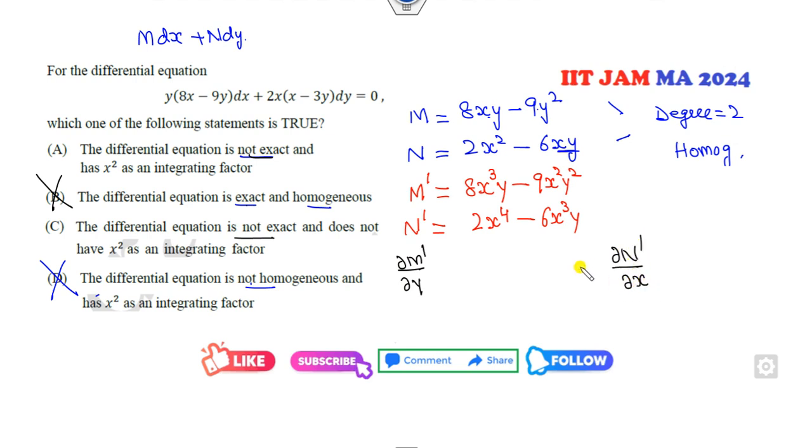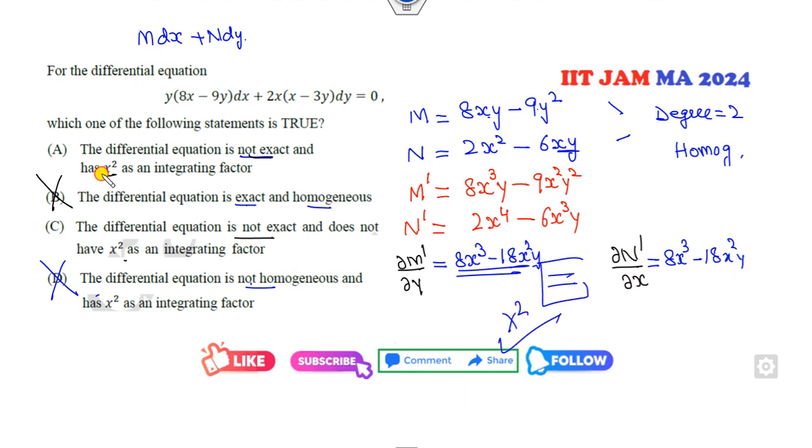If both are the same, then yes, x square is the integrating factor. If both are not equal, then it is not the integrating factor. So I find this: 8x cube minus 18x square y. What is that? 8x cube minus 18x square y. Both are the same. So yes, x square is my integrating factor. This option is cancelled.